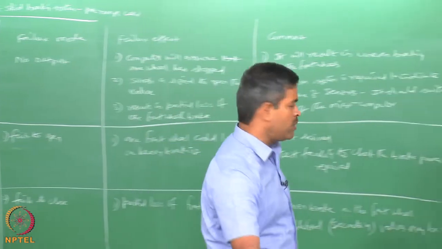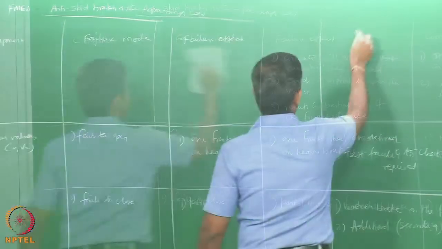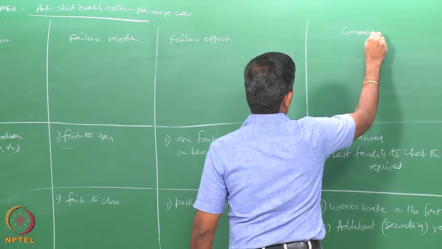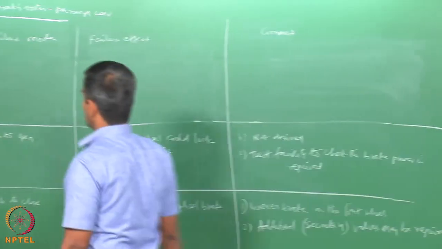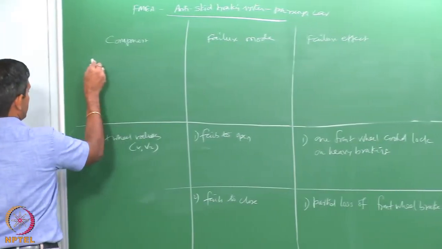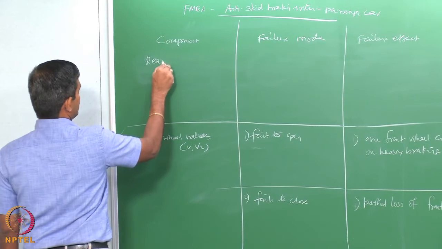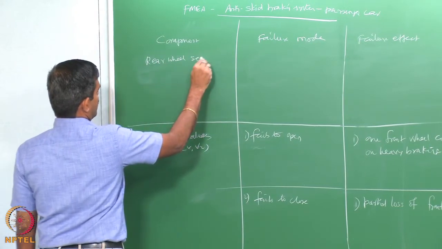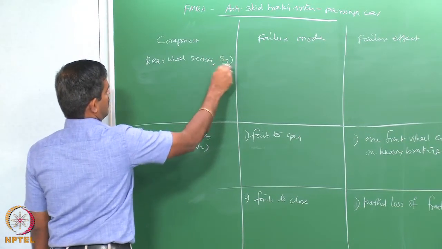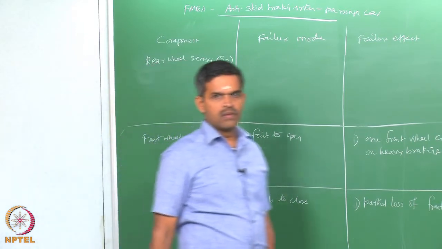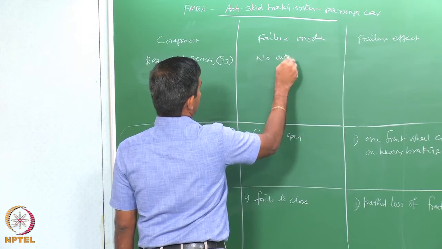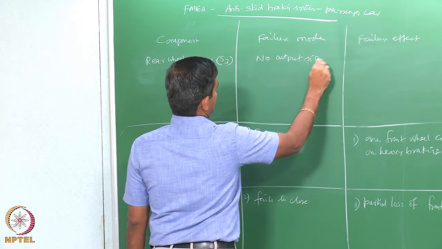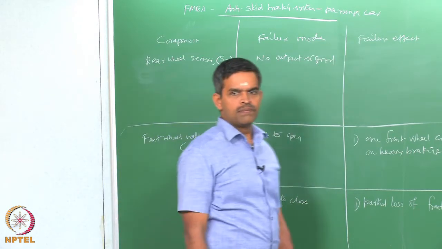The next mode of failure could be, I will rub this here and write it here itself. Rear wheel sensor S3, the failure mode could be no output signal from the sensor.